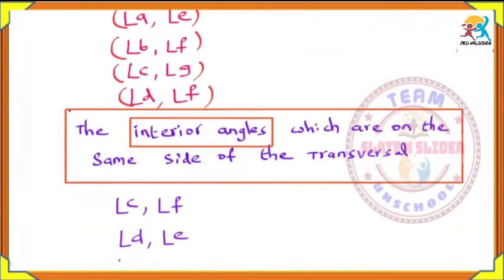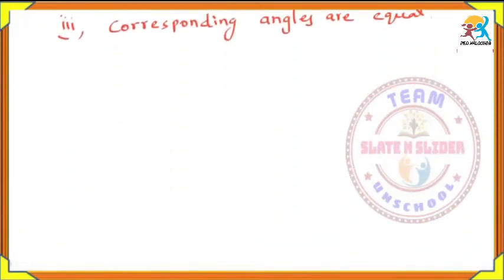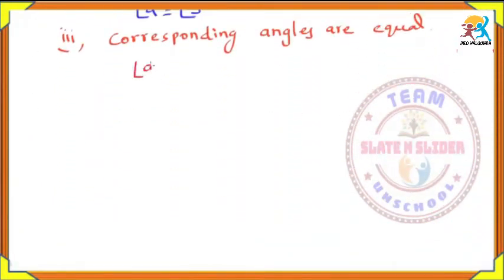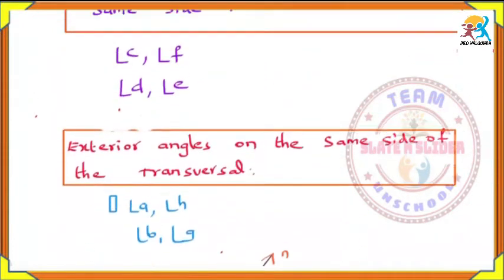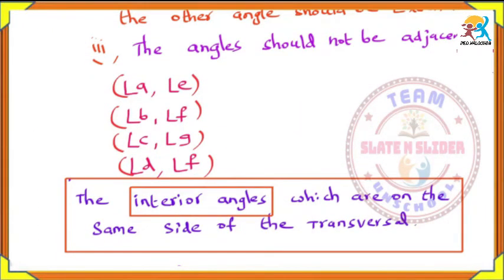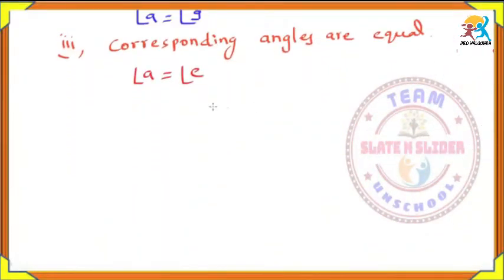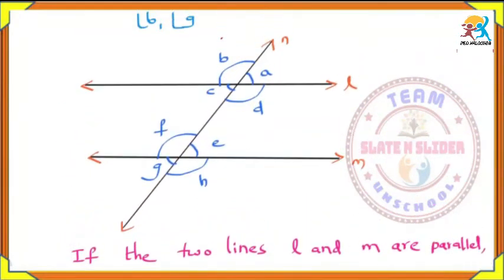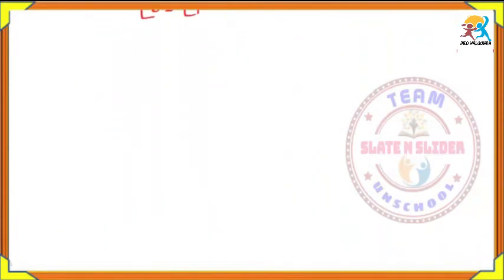So angle A is equal to angle E, and angle B is equal to angle F, and angle C is equal to angle G, angle D is equal to angle H.